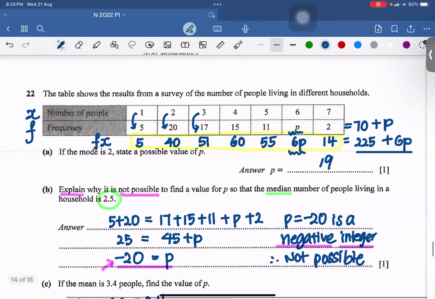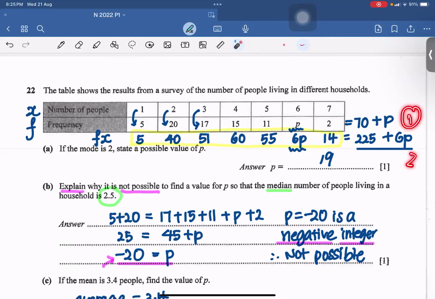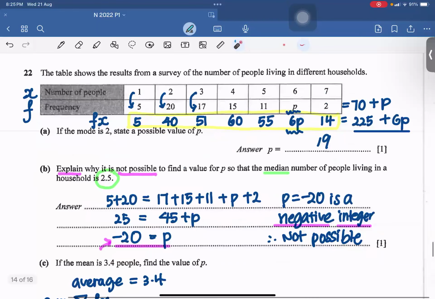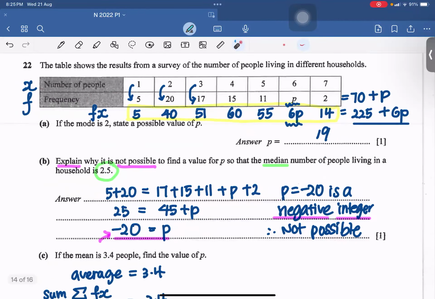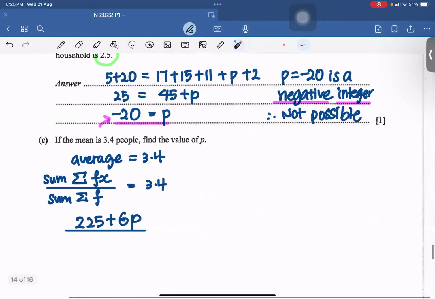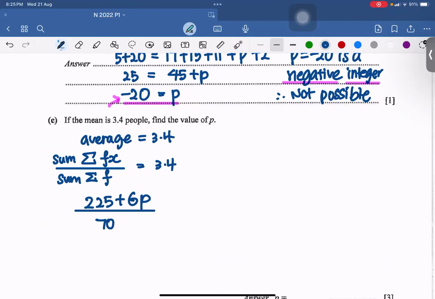Which one is sum of my frequency? Number 1 or number 2? Number 1, right? 70 plus P equals the number 3.4.